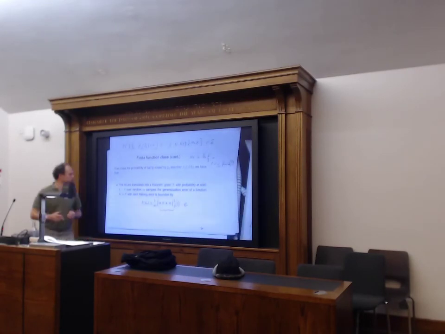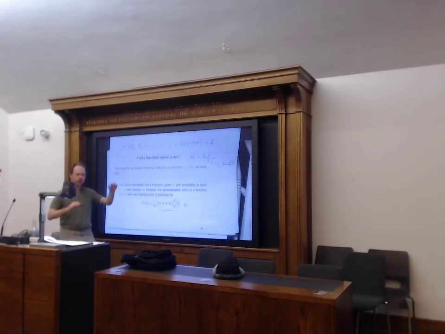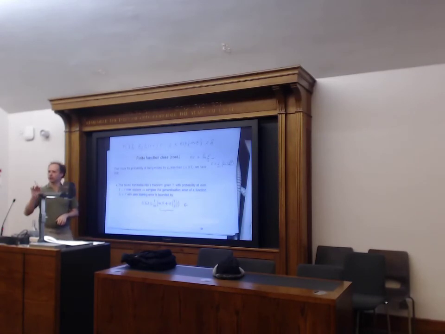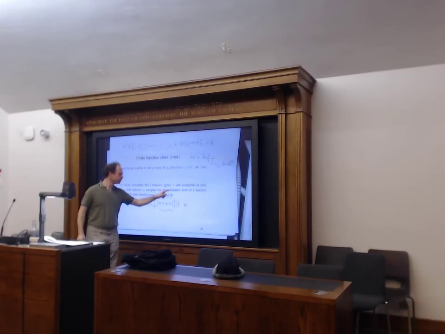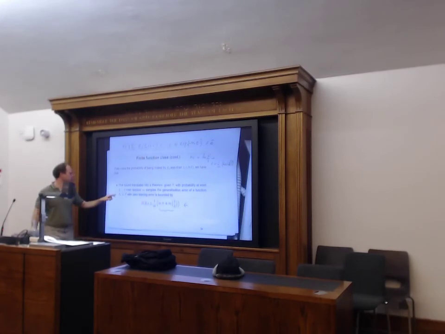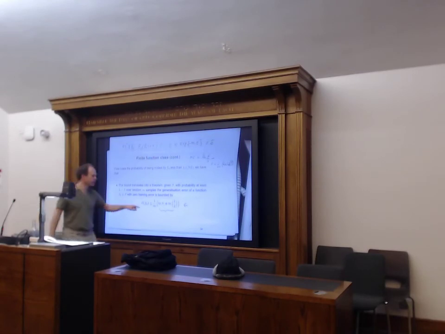So what is the conclusion of the argument? The probability was less or equal than delta. Then you revert the argument to probability at least 1 minus delta, probability over the choice of my training set. The generalization error of any function in this case is bounded by this quantity.